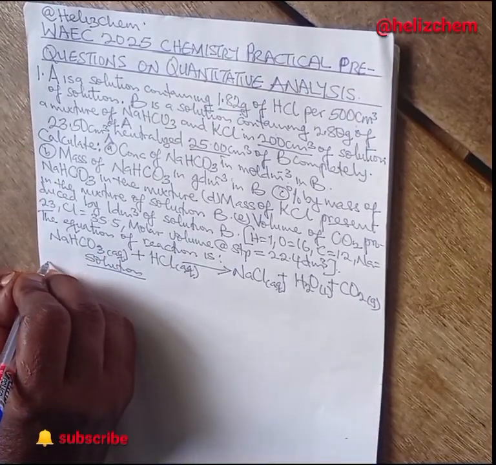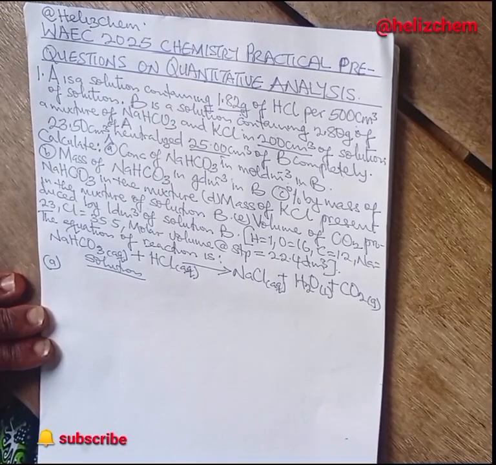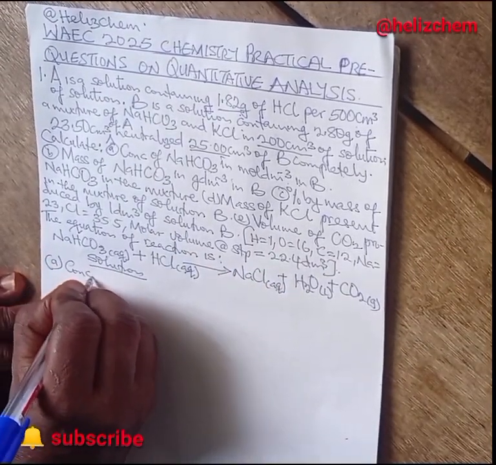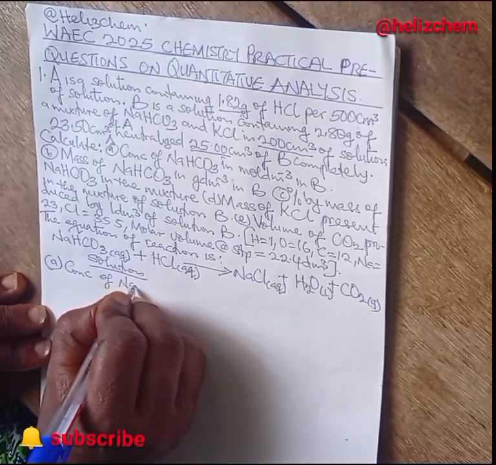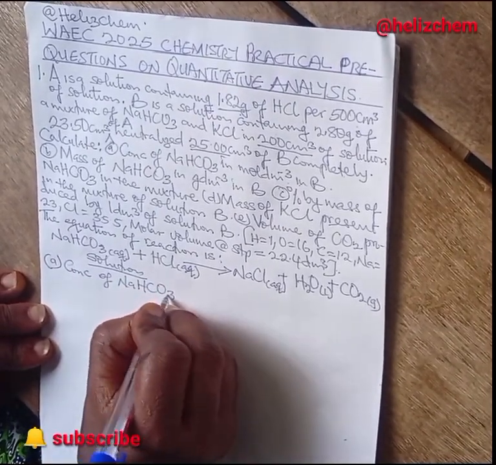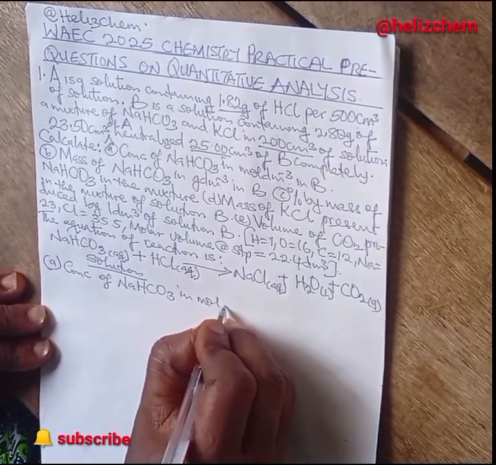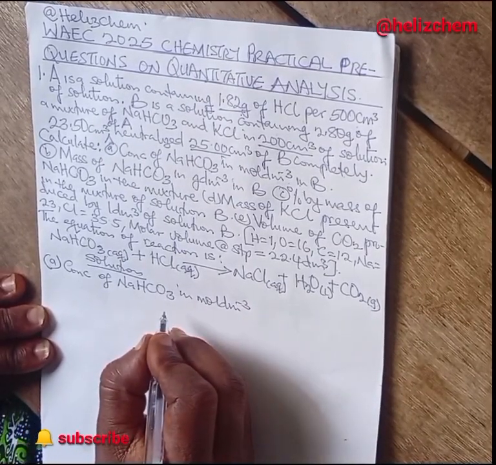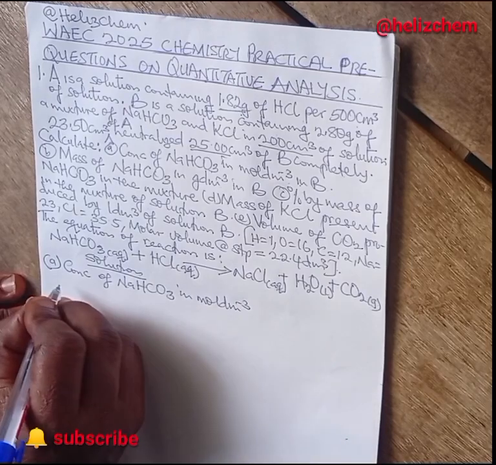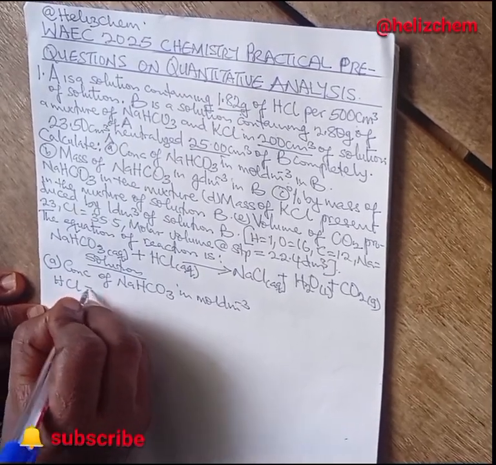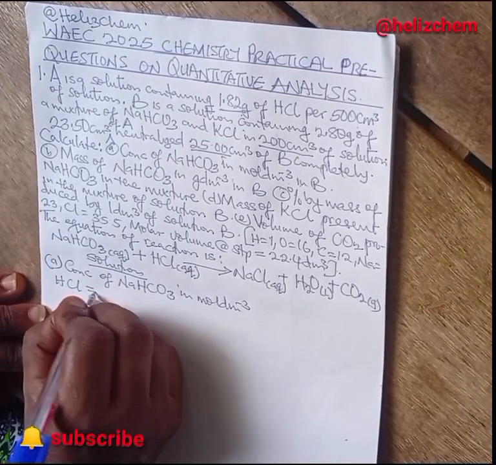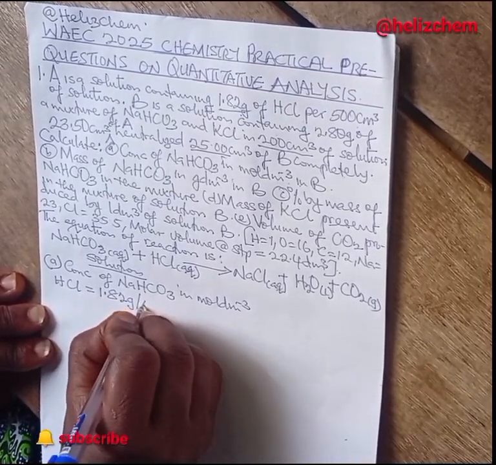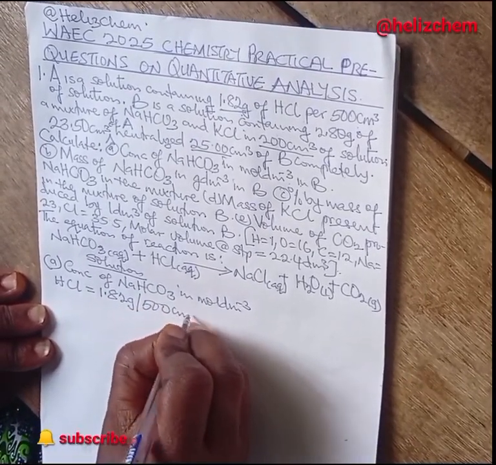You want to solve for question A, where you are asked to find concentration of sodium hydrogen carbonate in mole per dm³. If you look at the question given, you are given HCl to contain 1.82 gram in 500 cm³.